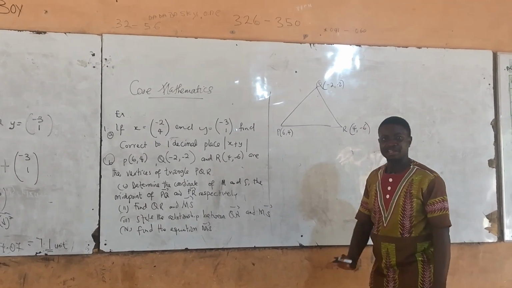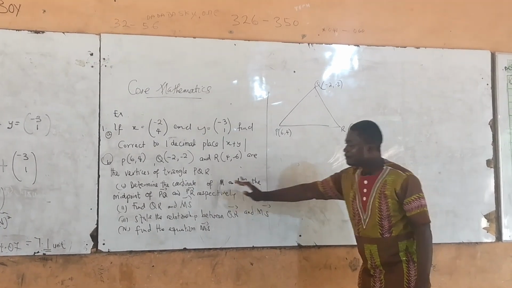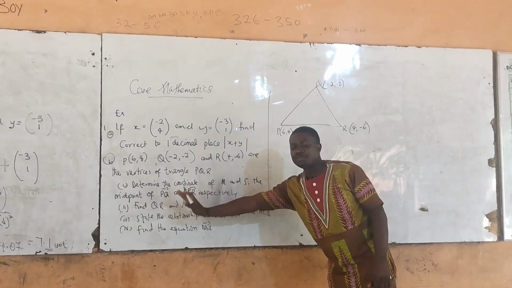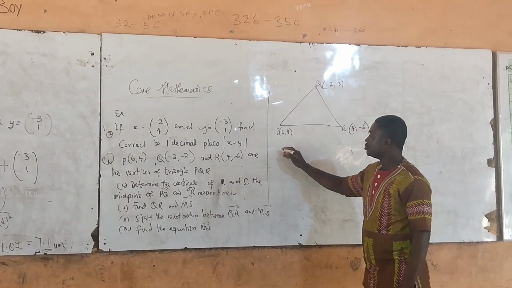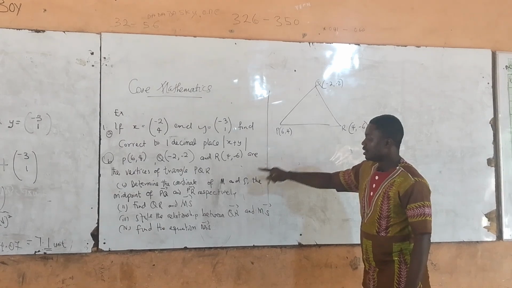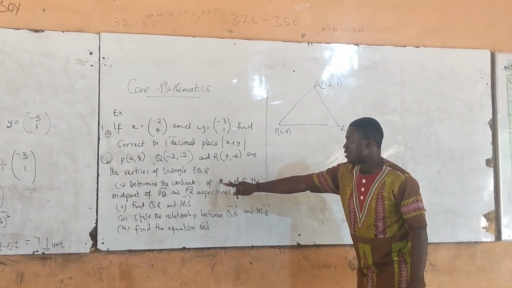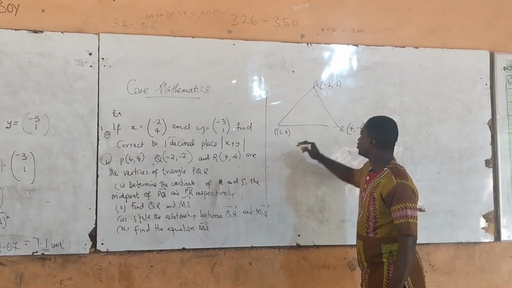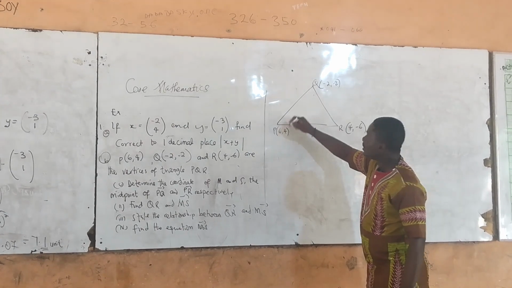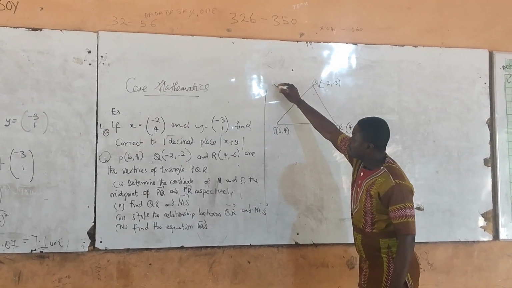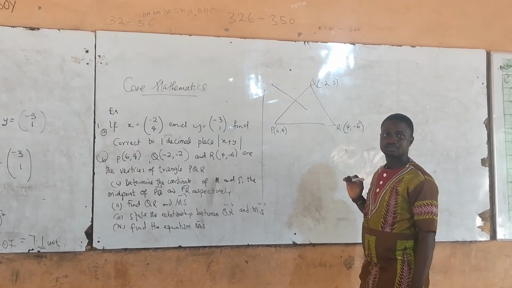It means that M is the midpoint of PQ. So PQ is this one, am I right? And the midpoint means the point that divides it into 2.